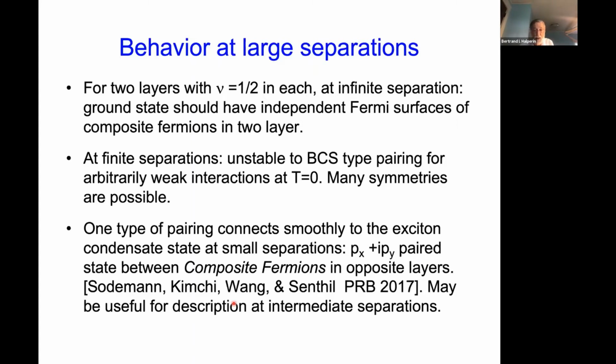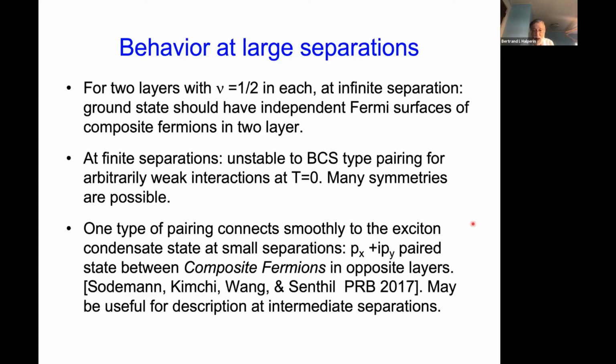Depending on the type of interaction, you get BCS pairing of different symmetries, and that should occur. Perhaps it could be unstable for arbitrarily weak interactions, which is to say that the separated composite Fermi liquids are not really a ground state for any finite separation.